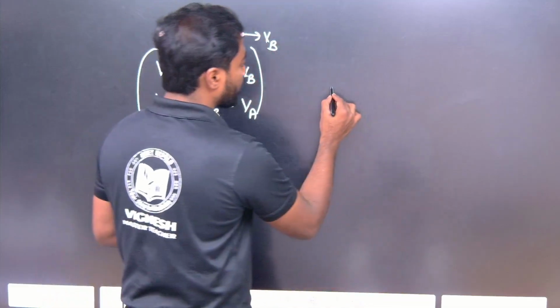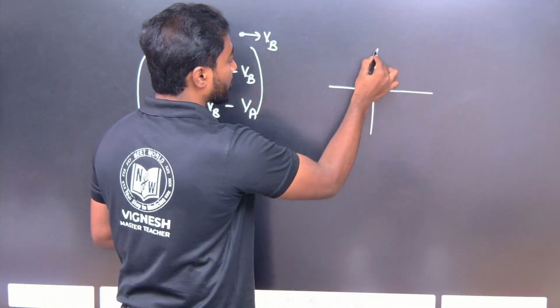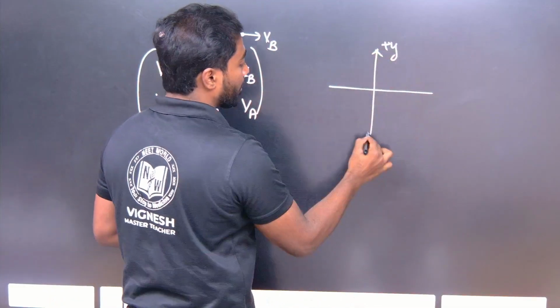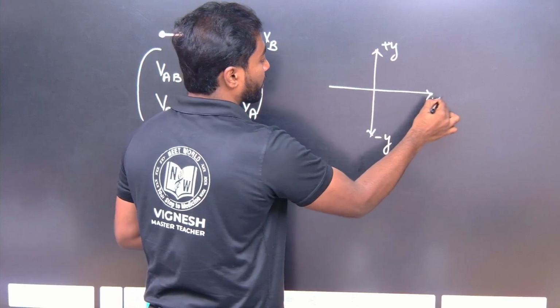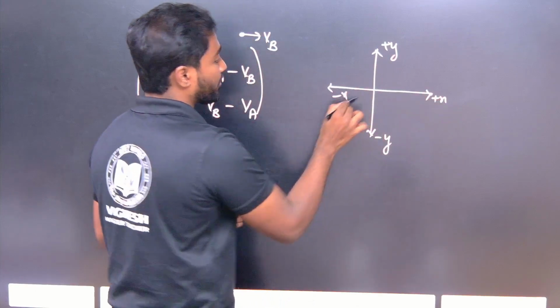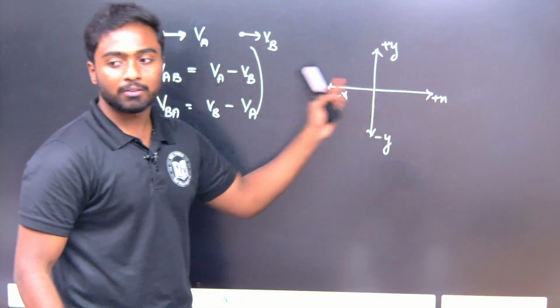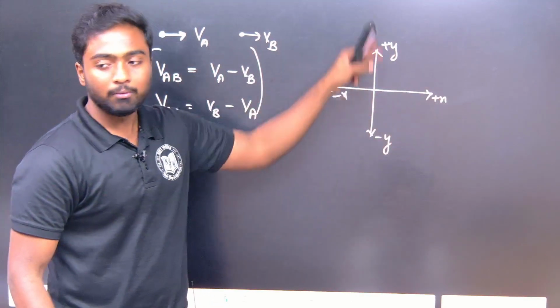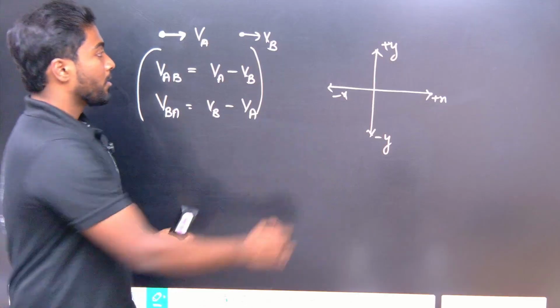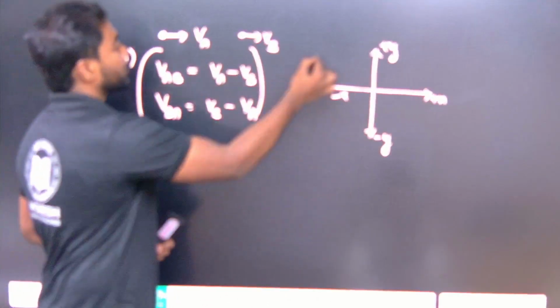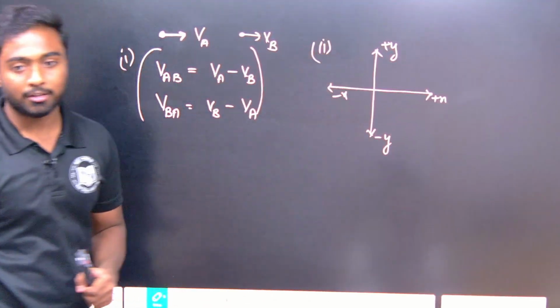When I consider positive y axis, negative y axis, positive x axis, negative x axis: when the object is going towards right it is positive, towards left negative, upward positive, downward negative. First the formula, second the directions.